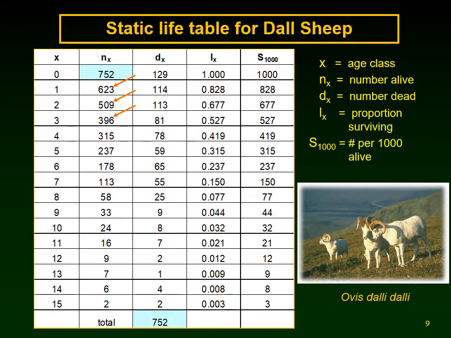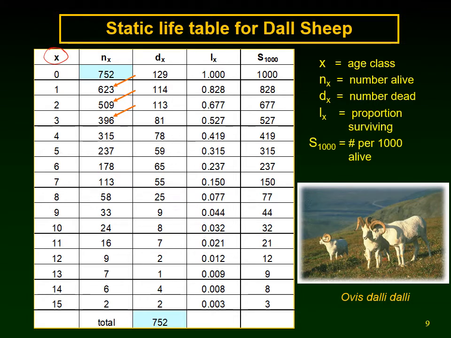Here we have the complete table. This is the slightly larger data set where he had actually 752 skulls. And we can see then we've simplified the first column so that instead of it being the ranges of ages, it's going to be the bottom number of this. So this is ages 0 to less than 1 and 1 to less than 2. So it was 0 years old, 1 year old, 2 year olds, 3 year olds, up to 15 years old.